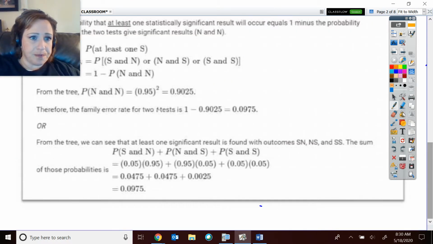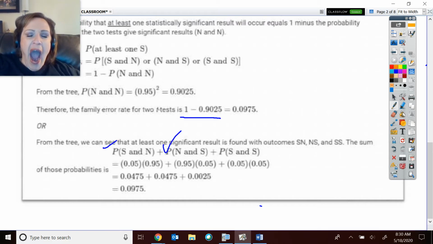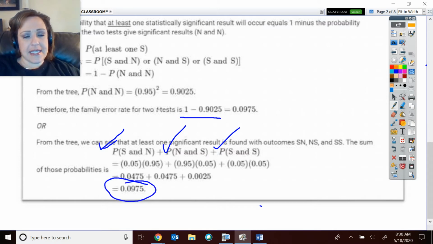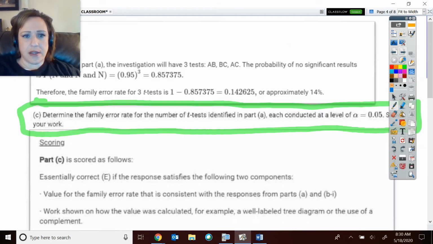So that's what they're showing here. So you can do 1 minus the probability of none, or add up the 3 significant pieces. Okay? So either way, it's like that. Now, they don't like this being this high, so they want this in itself to be 5% or lower. So that's what part C is going to investigate. Okay? So that's just the scoring on how you got those components.